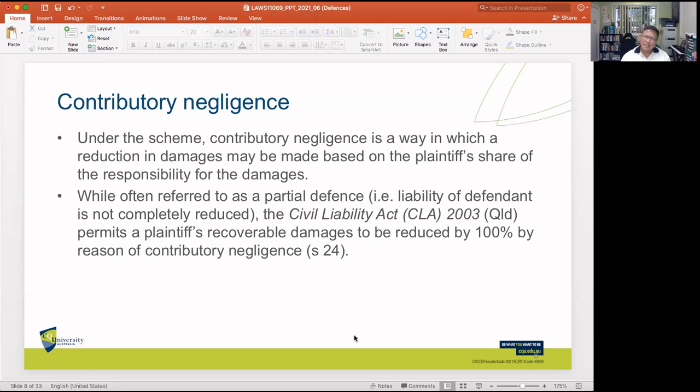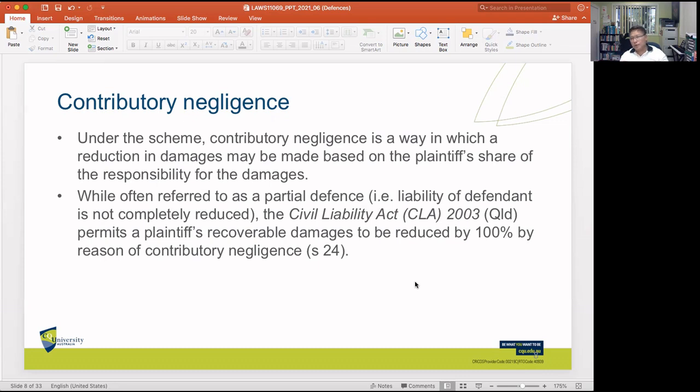So in a sense, it's almost like the all or nothing rule is still there, but that's not really the case, because in general, what the courts will simply do is to apportion the damage based on the respective contributory negligence of both the plaintiff and the defendant.